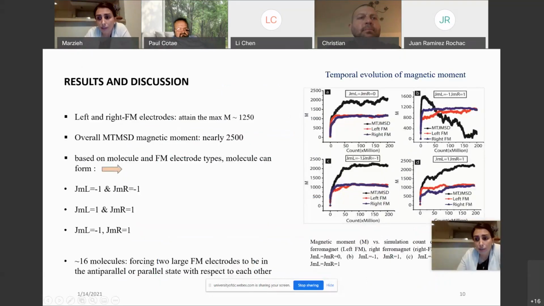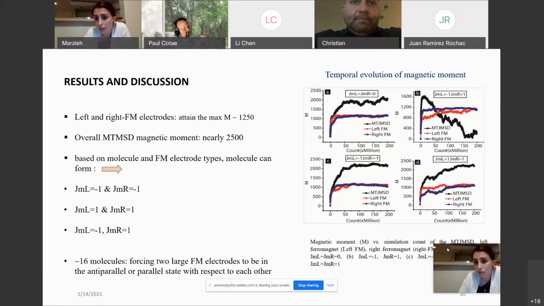After doing the simulation and recording data, we started analyzing the data. Here I'm going to explain the temporal evolution of the magnetic moment of the MTJMSD device. In all these four plots, the x-axis shows the simulation count, which represents time, and the vertical axis is magnetization.